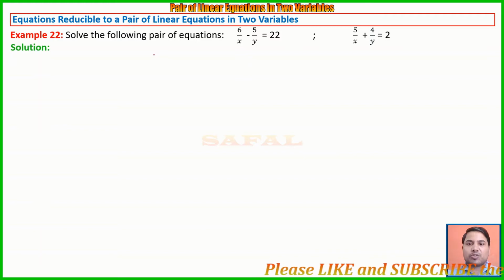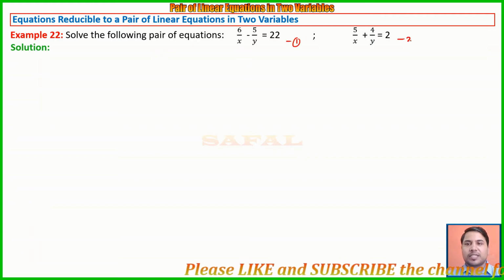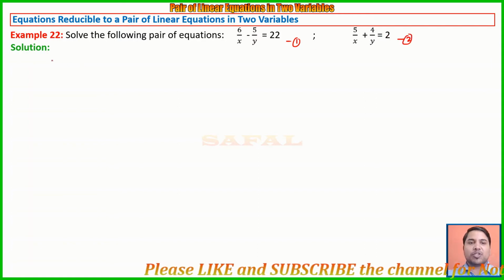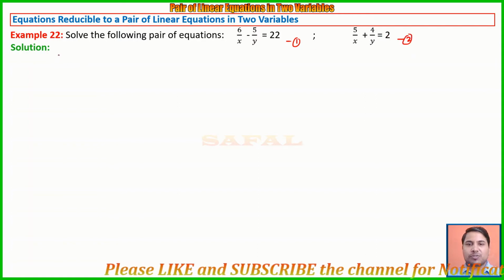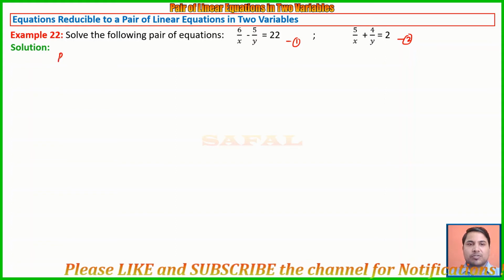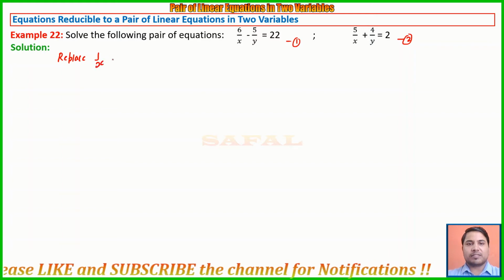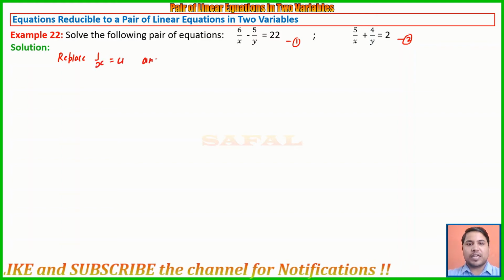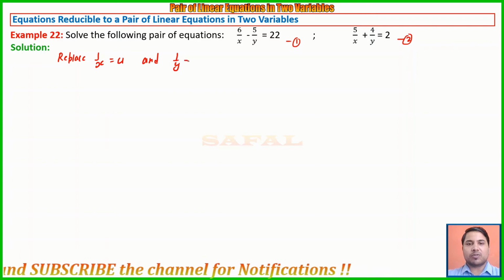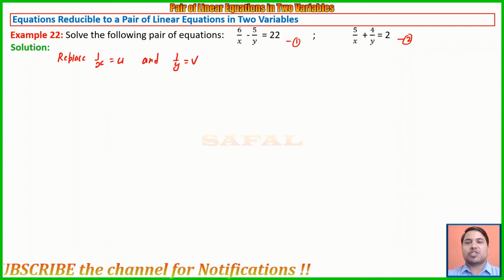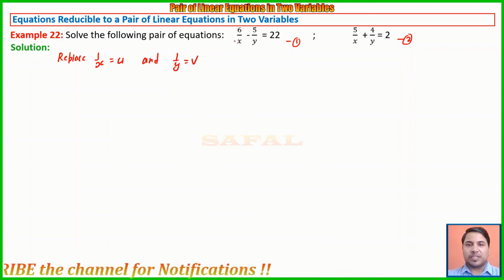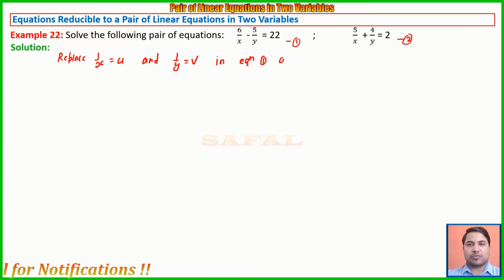This is the first equation and this is the second equation. I'm going to make a substitution: replace 1/x = u and 1/y = v in equations 1 and 2.